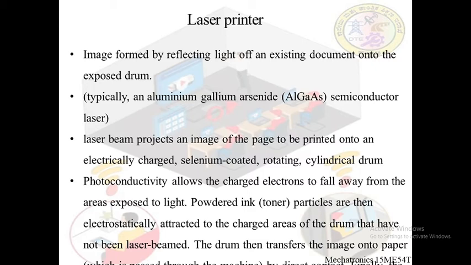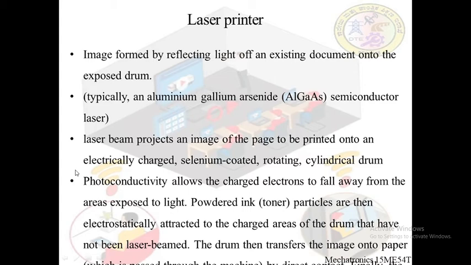The drum then transfers the image onto the paper, which is passed through the machine by direct contact. The drum has physical contact with the paper. The paper is passed on to the finisher, which uses heat to instantaneously fuse the toner that represents the image on the paper.